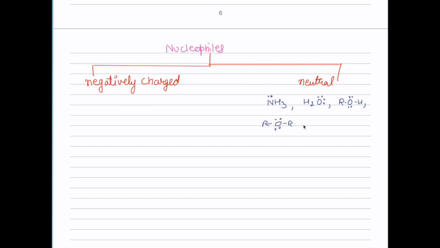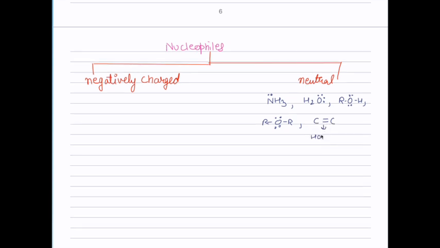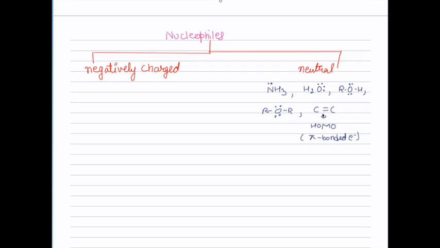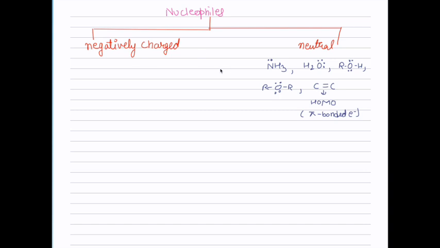So these are neutral nucleophiles. Even a carbon double bond like in alkenes, here the HOMO would be the pi bonded electrons.